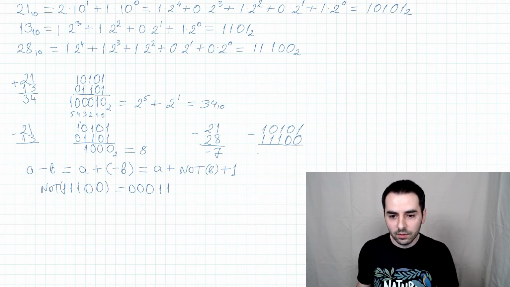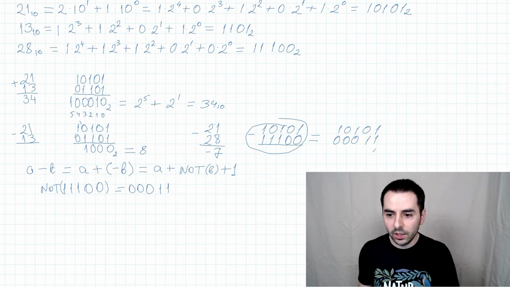So instead of subtracting, this is equivalent to 1, 0, 1, 0, 1, and then we do the inverted 0, 0, 0, 1, 1, and then we add 1 more. All of this we need to add together. So let's do it one by one. First let's add this one to the bottom number, so it will be 1 plus 1.